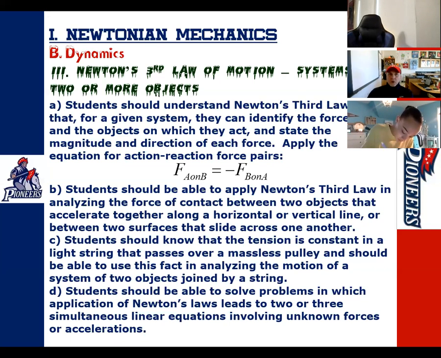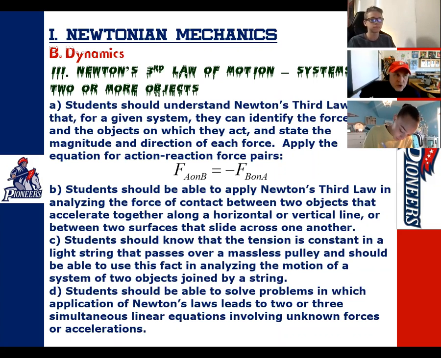But Newton's third law pertains to more than one object. If you look at what we've done the last 6 weeks with Newton's first law and second law, we've only looked at one object, right? A person on an elevator. The person is the object. You're pulling something. The thing you're pulling is the object, and we're looking at the forces acting on that.